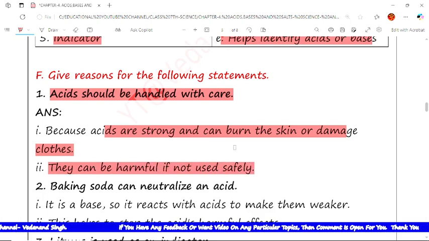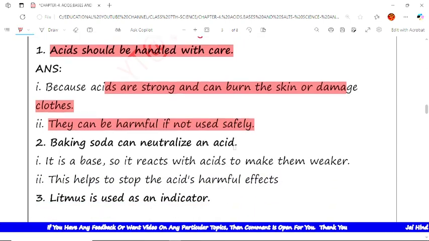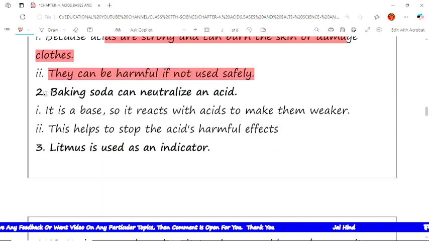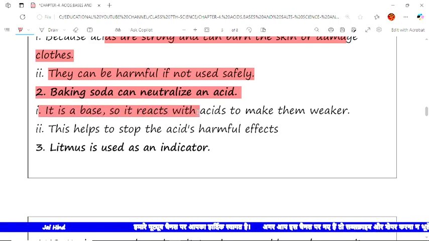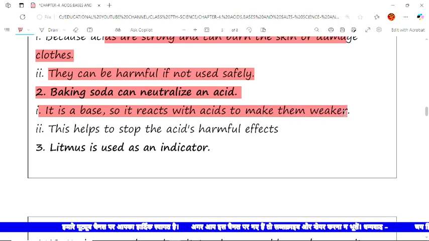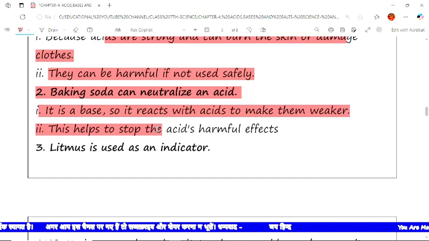The second statement is: baking soda can neutralize an acid. Yes, because it is a base, so it reacts with the acid to make it weaker. The second point is this helps to stop the acid's harmful effect.